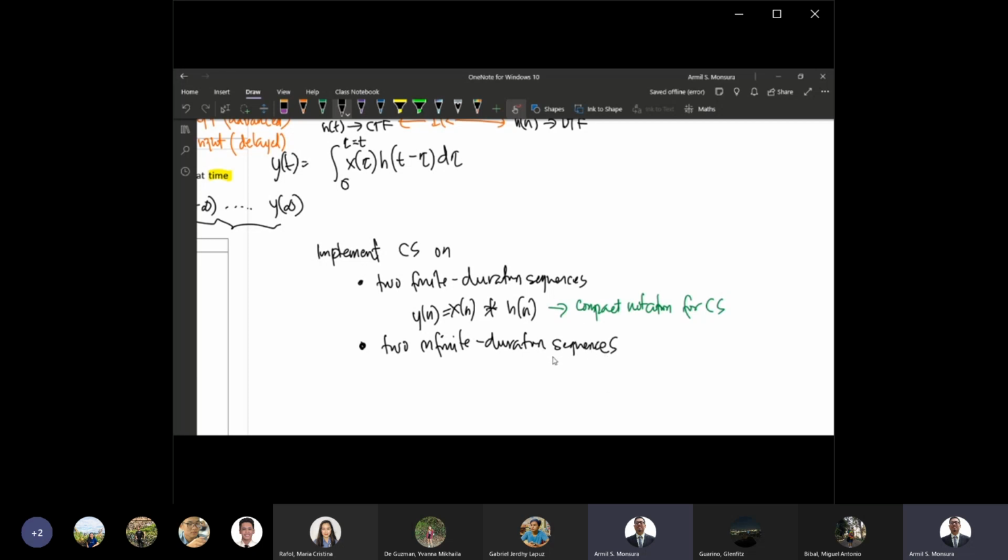So given naman now that your x of n is infinite duration and your h of n is infinite duration, how do we now carry out, or how do we now implement yung equation 3 para sa mga infinite duration sequences natin? Yan yung approach natin para mas maintindihan natin yung ating convolution sum algorithm.